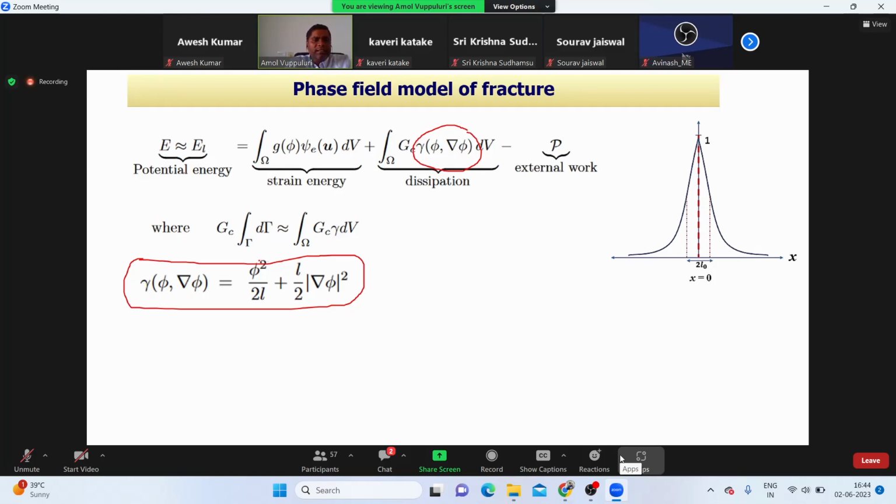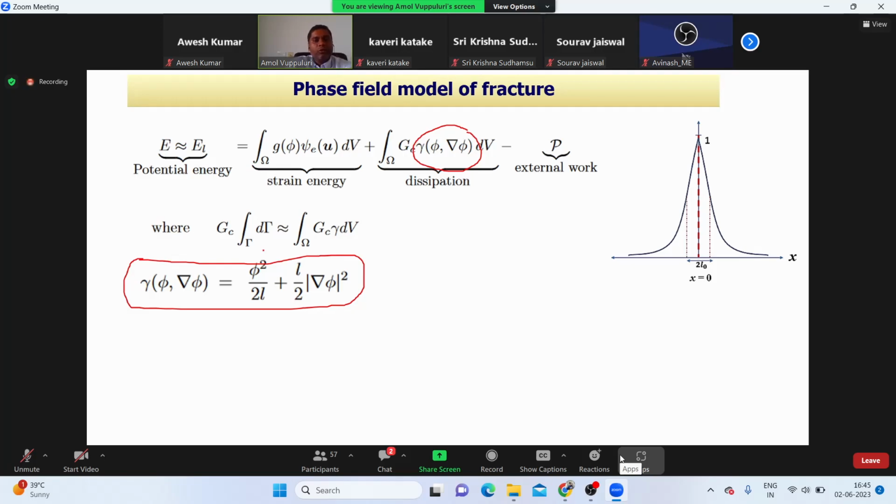So as of now, we will take that this is the function which represents the crack surface density, and you can see that it has got two components. One is the local component, the first component phi square over 2L, and another one is a non-local component, which also depends upon how the surrounding values of phi are. So gamma is phi square over 2L plus L by 2 multiplied by grad phi whole square.